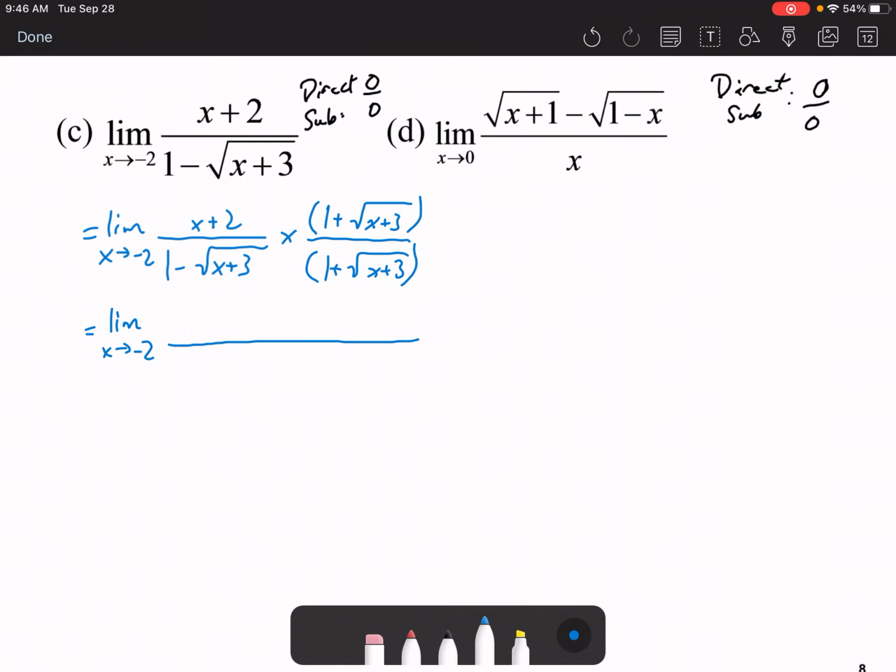or the one that you're trying to get rid of the square root. So in the numerator, I'm going to leave it as x plus 2 and 1 plus the square root of x plus 3. If you expand it, it may not work very nicely here. And here you expand, you get 1 minus x plus 3.